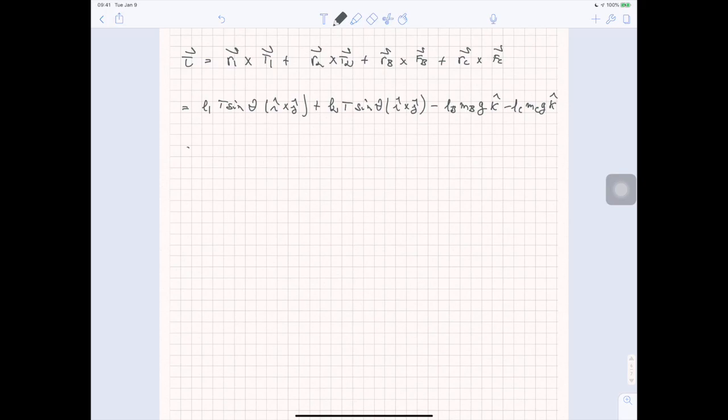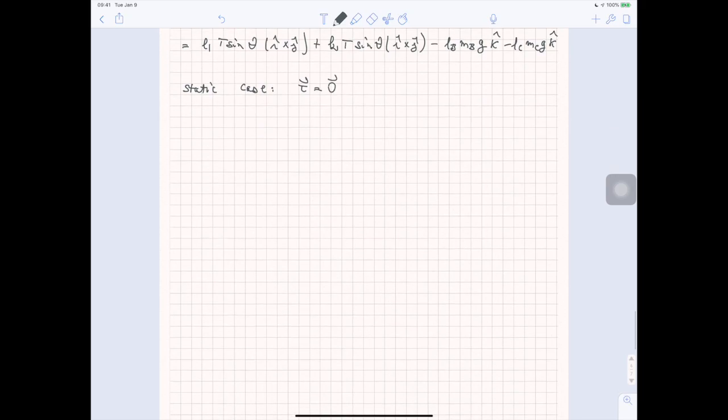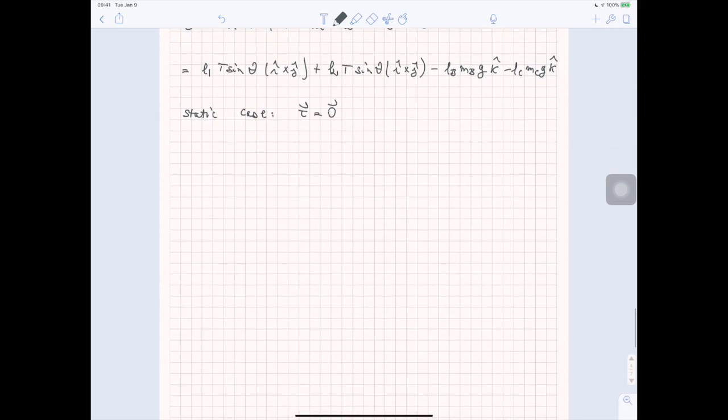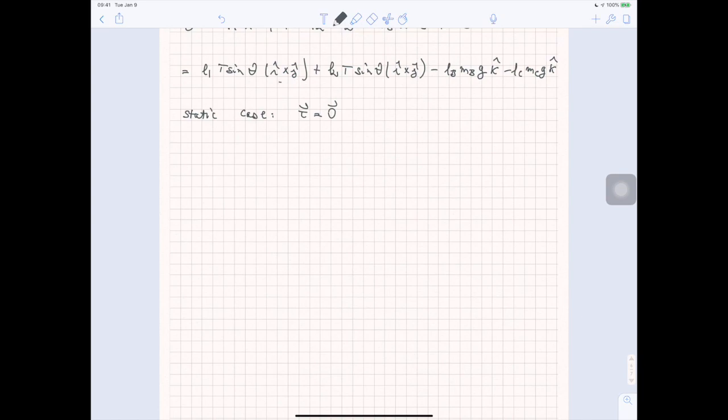Okay, so the static case now requires tau equals 0. This here is K, and this here is K. So this is only fulfilled if the scalar sum in the K direction is 0.